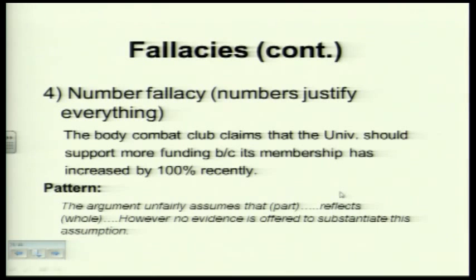And the number that they use is the 100% increase in membership, which might not be the reason as to why more funding should be given to the club, right? Other reasons or other factors should be given also in order to get more funding.